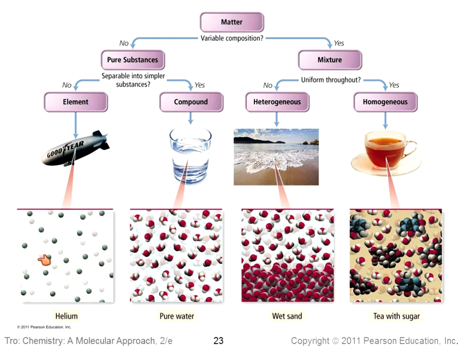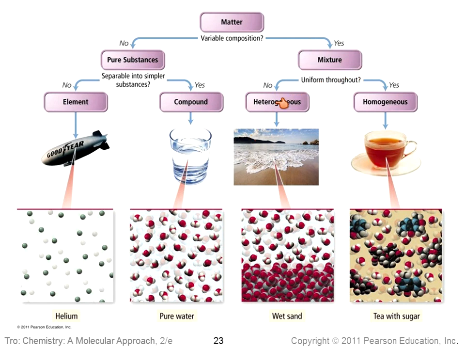If it's an element, it means it's the pure atoms by itself, for example, helium. Versus if it's a compound, we have different atoms attached to one another, making up that substance, such as water. Water is composed of hydrogen and oxygen bonded together.